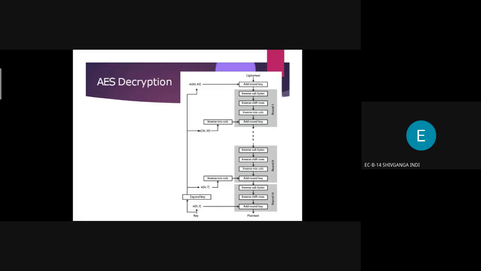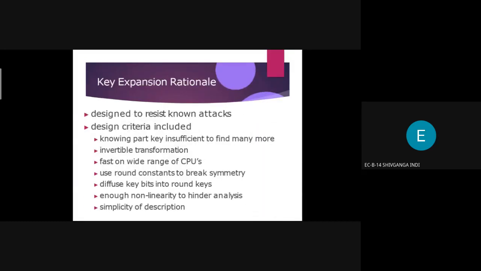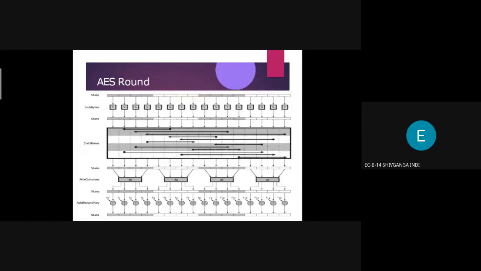Have you understood the four states of AES? It is a theoretical part. If you go through the various PPTs, you will easily understand the concept and structure of AES.